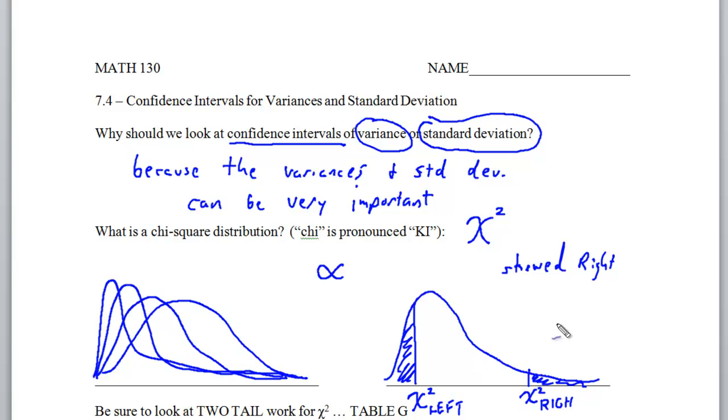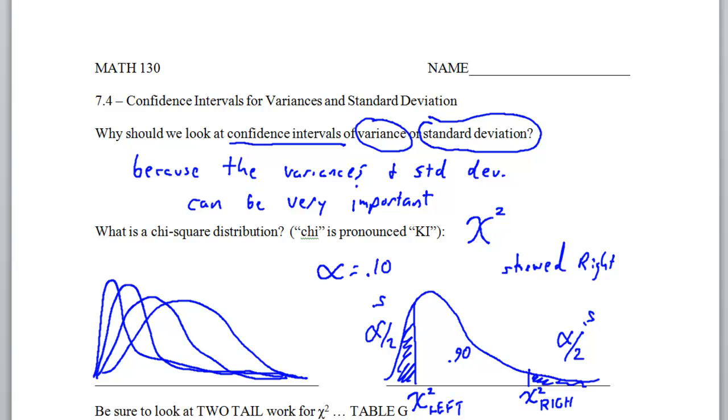And since this is a two-tailed test, we need to take our alpha and divide it by 2 for each of these tails. Because if we have an alpha of, hypothetically, let's just say the alpha is 0.10, so this would represent 90%, then this would have to be 5% and 5%. So our alpha in this problem would be 0.10.